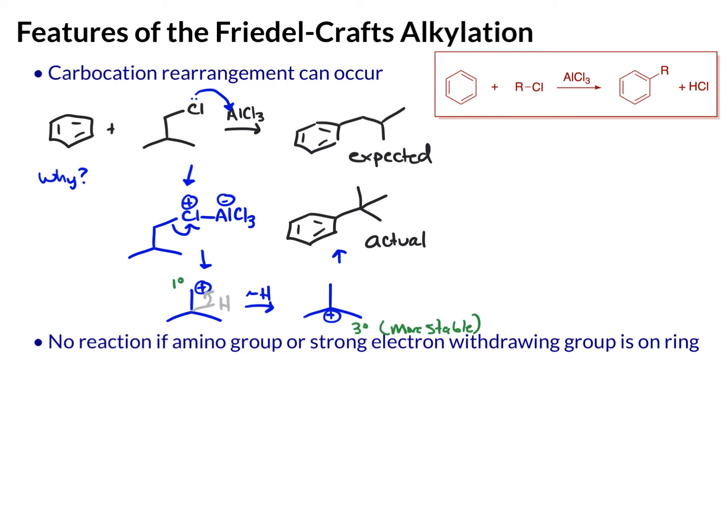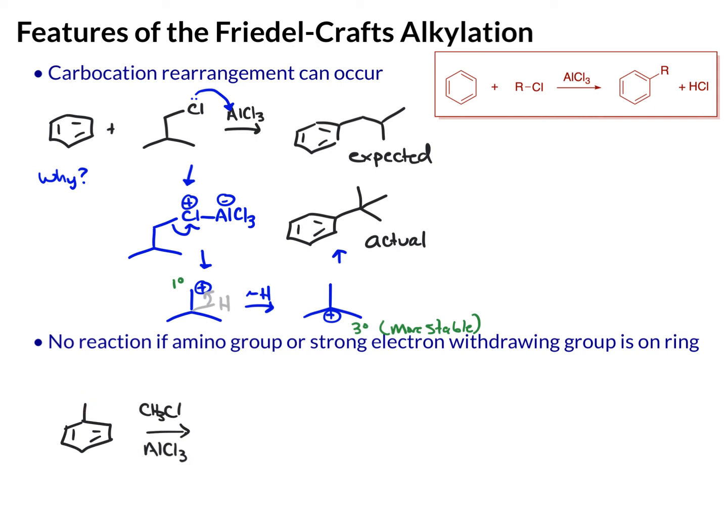The final feature to be aware of has to do with the benzene that you start with. If you just start with benzene and do a Friedel-Crafts, it should work. But if you were to start with a substituted benzene, meaning you have some group on the ring, and you try to do a Friedel-Crafts reaction, depending on what this group is, the reaction may or may not work.